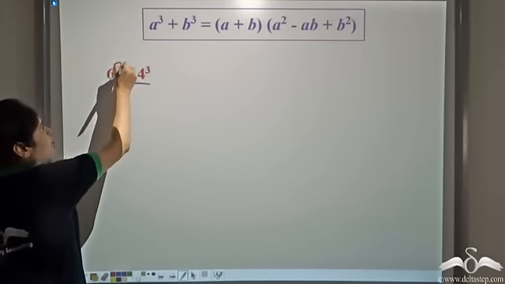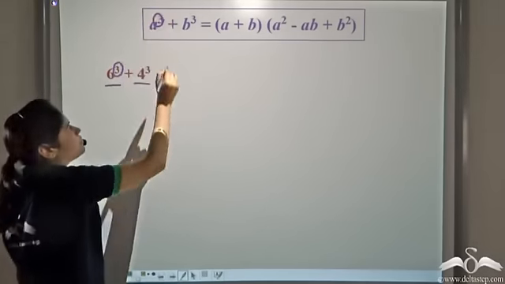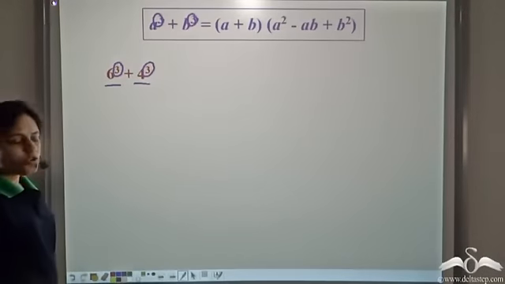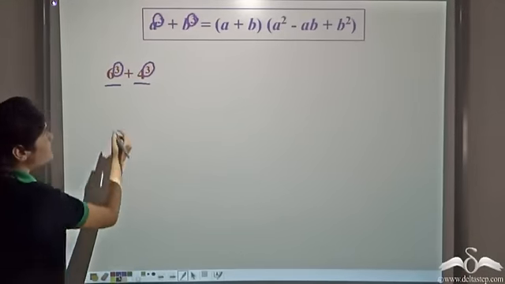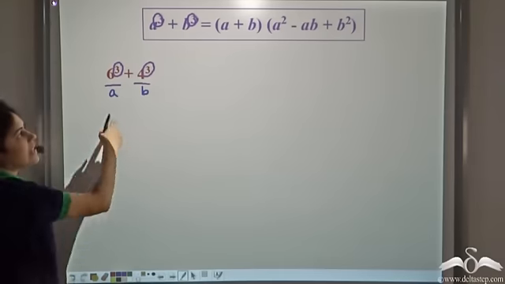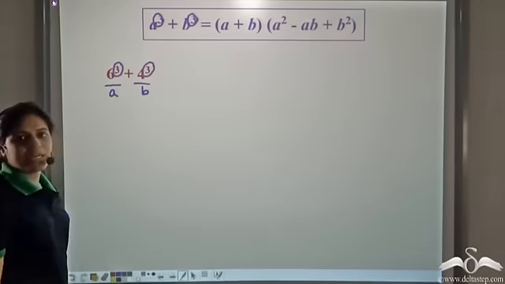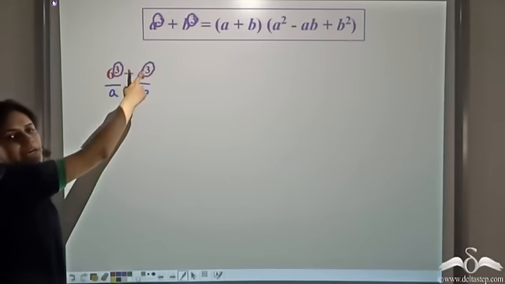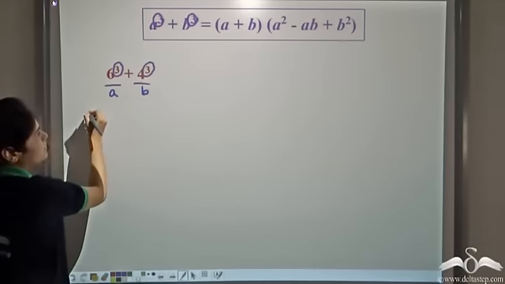We have a cube here, we have a cube here, we have a cube here and a cube here. So now we can compare 6 to a and 4 to b, and then we can use this identity a cube plus b cube. So 6 becomes our a and 4 becomes our b.